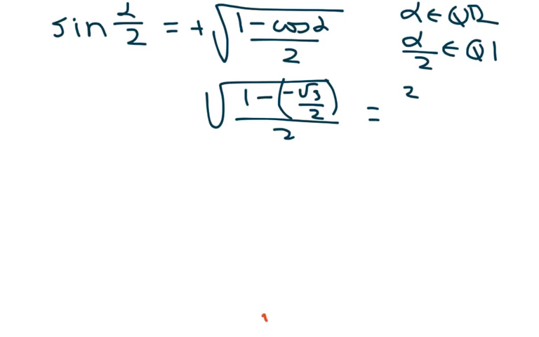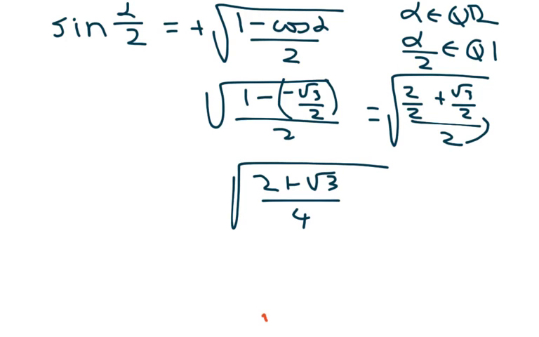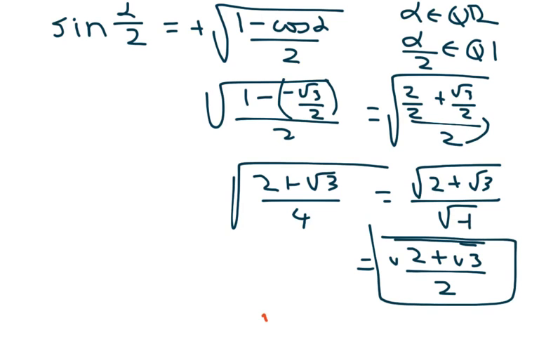I'm going to put this over a common denominator: 2 over 2 plus √3 over 2, divided by 2. If you multiply these, we get the square root of 2 plus √3 over 4, which is the same as the square root of 2 plus √3 over the square root of 4, which equals the square root of 2 plus √3 over 2. Okay?